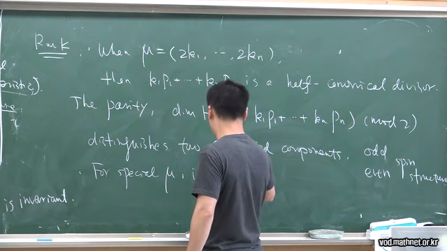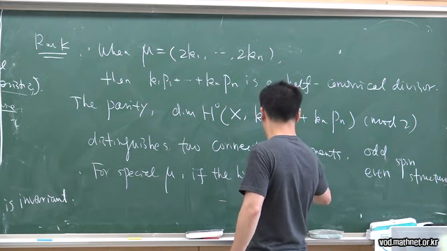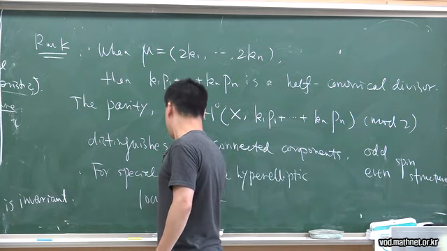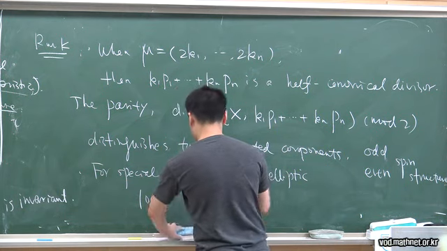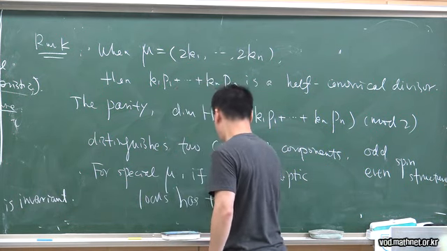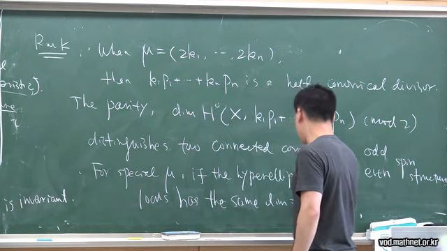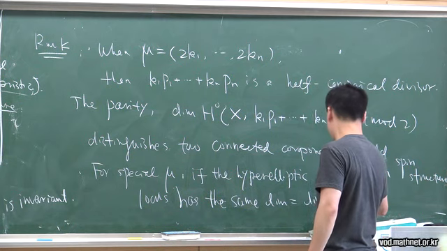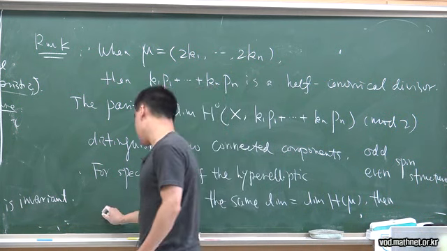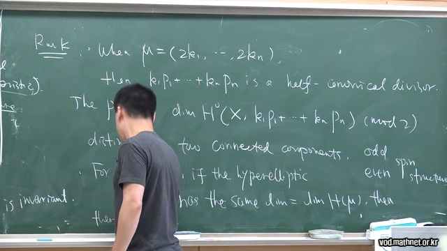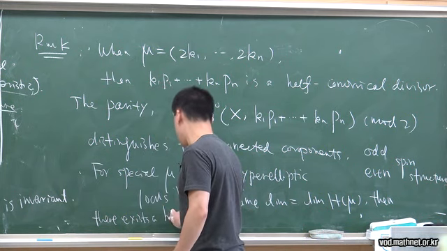So if the hyperelliptic locus has dimension equal to the dimension of the total space, then there also exists a hyperelliptic component.